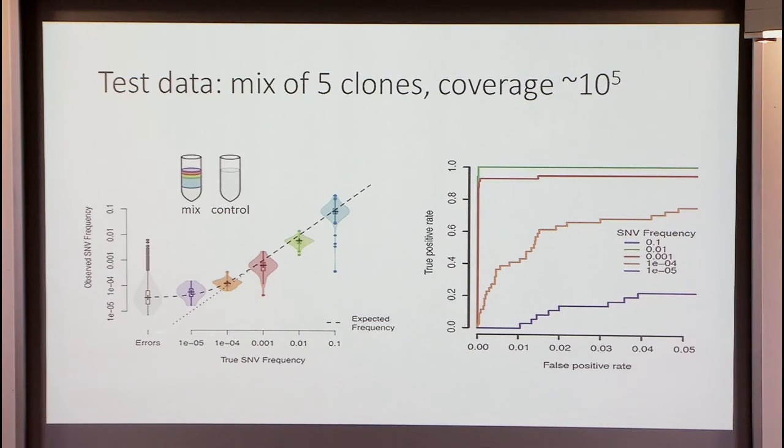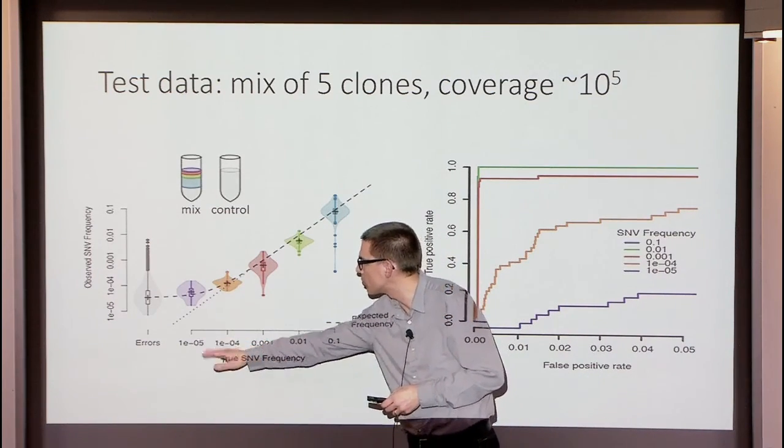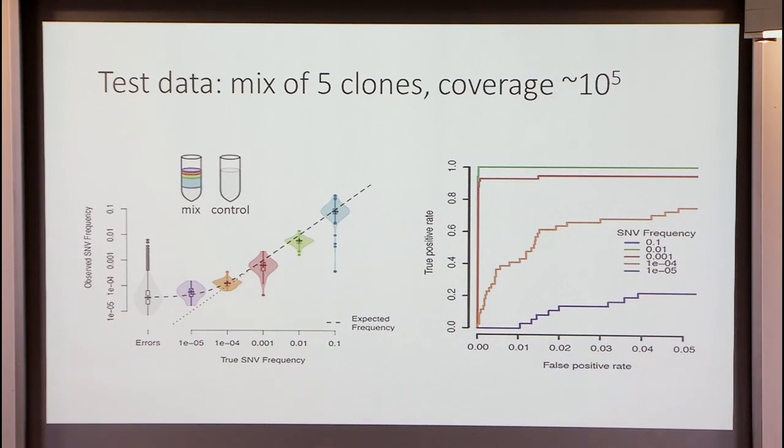If you do that and you mix these 5 clones at frequencies that are decreasing from 10% to 1%, 0.1, 10 to the minus 4, 10 to the minus 5, then you see in the ROC curve here that it works essentially perfectly up to 10 to the minus 3. 10 to the minus 4 is still very reasonable, and then with 10 to the minus 5 it starts to break down, and that is of course expected because the coverage here was on the order of 10 to the 5. So coverage means that each base here was on average sequenced 100,000 times. So ultra deep sequencing experiment, of course in a small region of the genome.